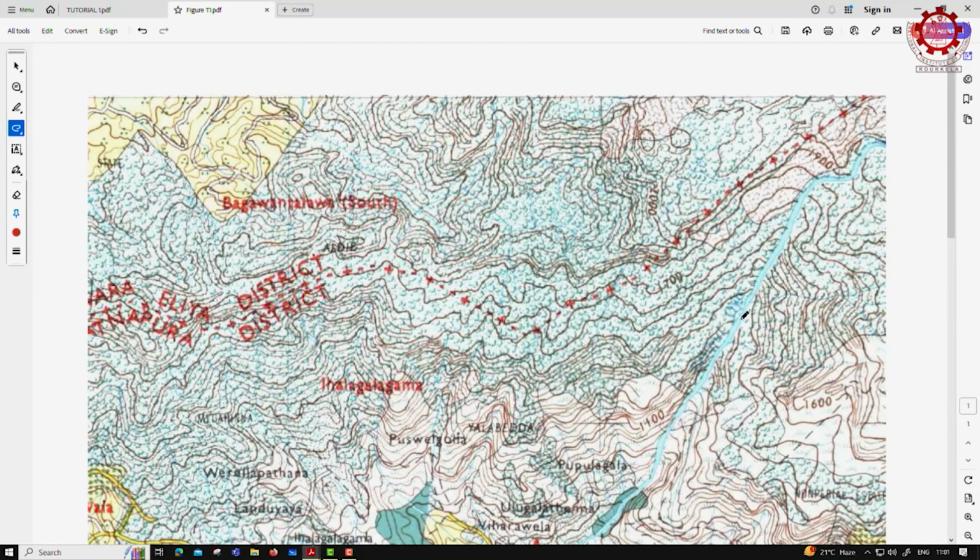We are asked to have about 100 to 200 meters of head. We can see between any of these dark brown lines, it is a 100 meter head difference. So, we can select accordingly and select a suitable place.